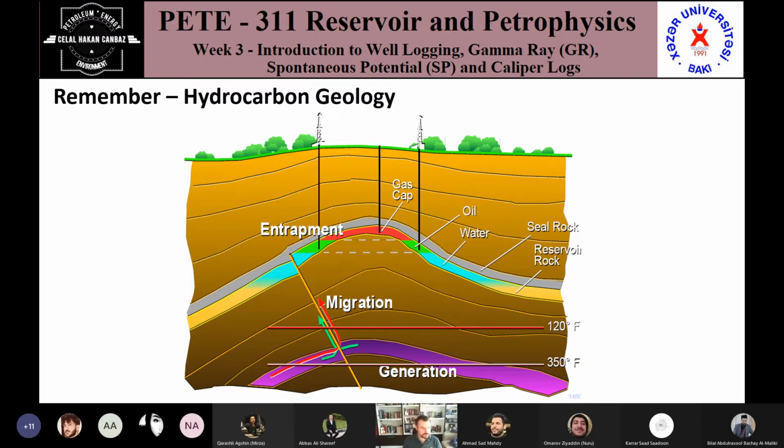The hydrocarbon geology, as you remember from your previous courses, or you joined the workshop that we had done last month, oil and gas are formed in a place that has a temperature window between 120 Fahrenheit to 350 Fahrenheit. Okay, between 120 Fahrenheit to 350 Fahrenheit.